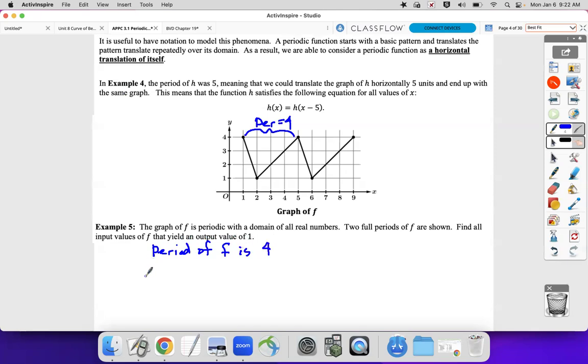So we need 2 full rotations. So the way they wrote it is F of 2 equals 1.